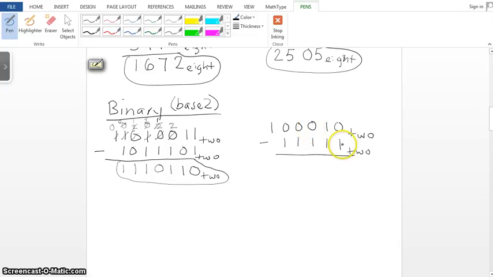Alright. Can't take 1 away from 0, so let's go to this one right here. I'm borrowing that 1 that was there. That makes this one a 2, which is my base. 2 minus 1 is 1. We are in base 2. Alright, can't take 1 away from 0, so I gotta go way over here to this guy.